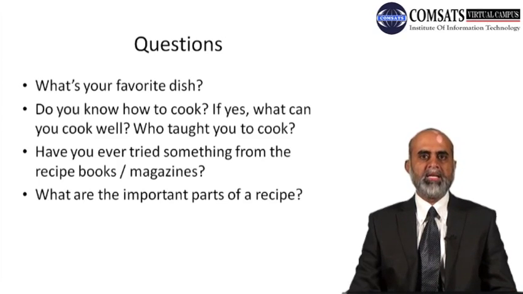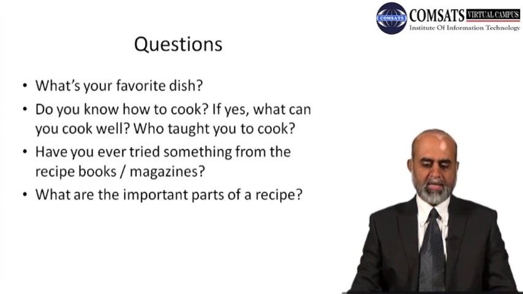But basically it has got two parts in it. Can you tell me those two parts? Yes, you are right. A recipe has got basically two parts in it: ingredients and preparation or method.